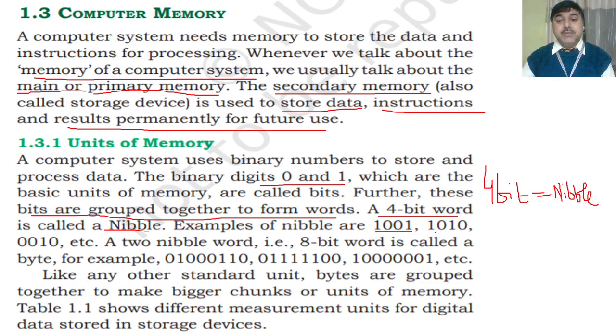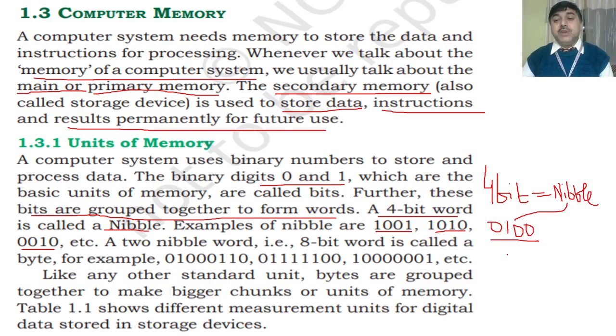This is one nibble. 1010 is one nibble, 0011 is one nibble, any pattern of this data. If I take 0100, this is also a nibble. So this is what we call a nibble.